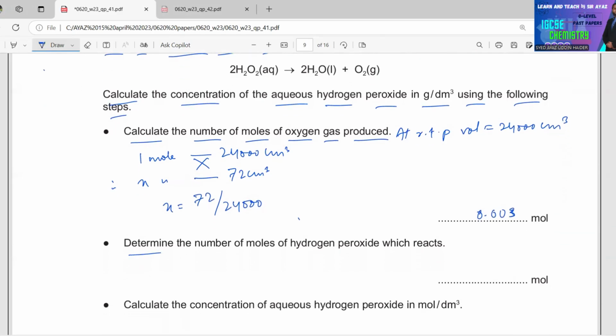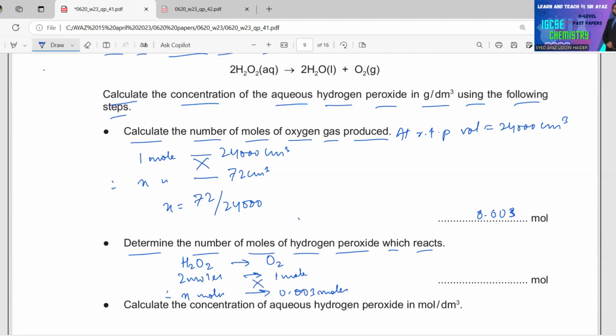Next one, determine the number of moles of hydrogen peroxide which reacts. Now, if you look at the relation between H2O2 and O2, you have 2 moles of H2O2 giving 1 mole of O2. Therefore, X moles for 0.003 moles of O2.